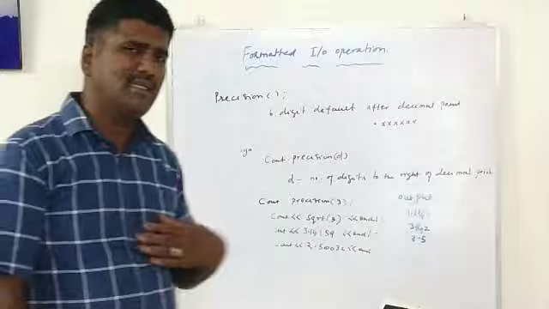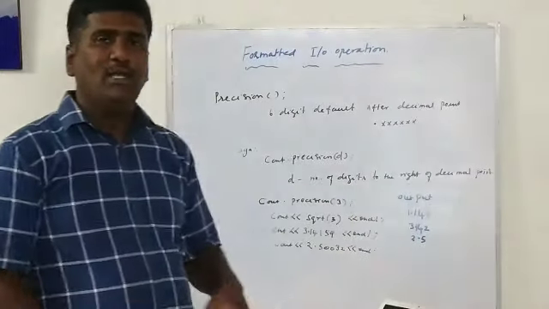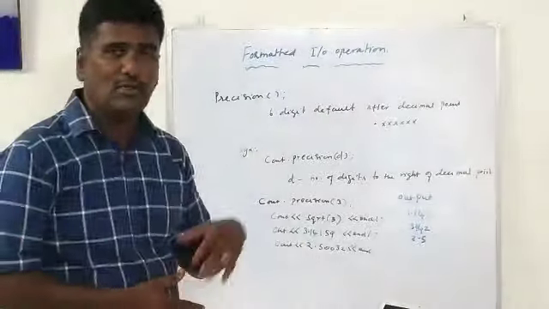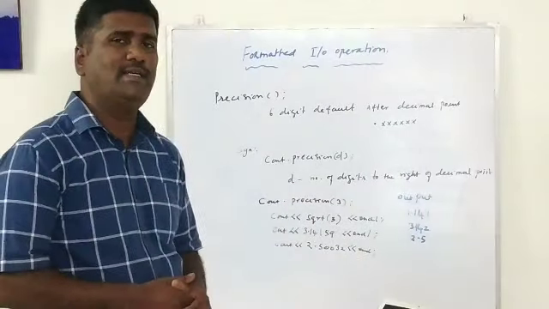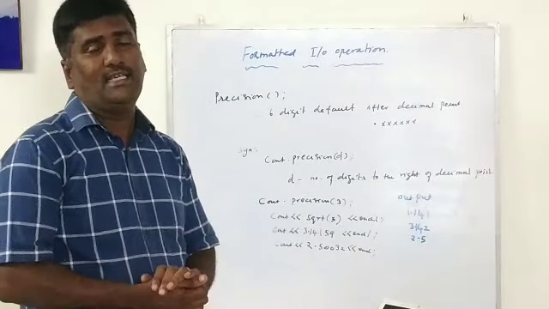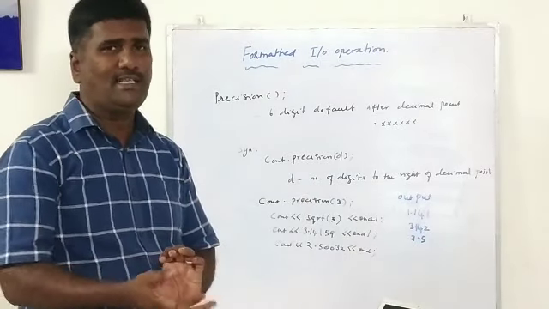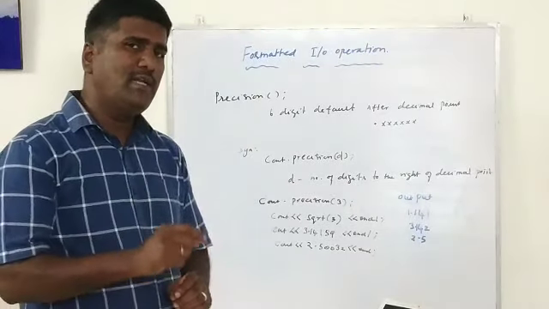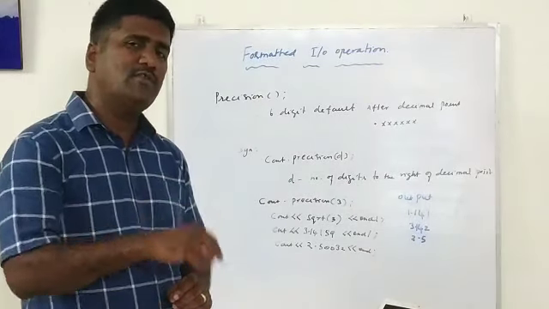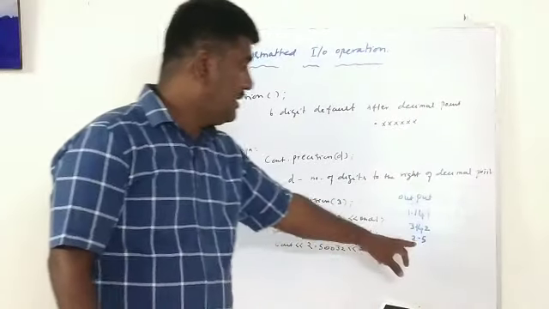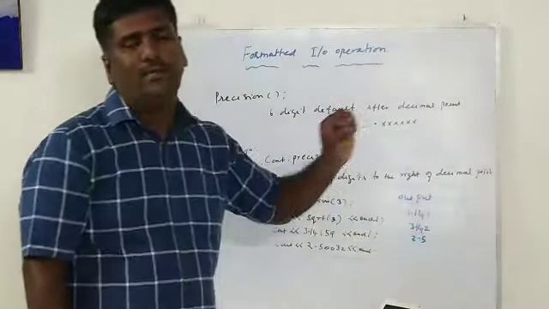Suppose we want the trailing 0; at that time we use another formatted IO function, the ios format functions, that is ios showpoint. Once we use the ios showpoint format function, the trailing 0 will be present.